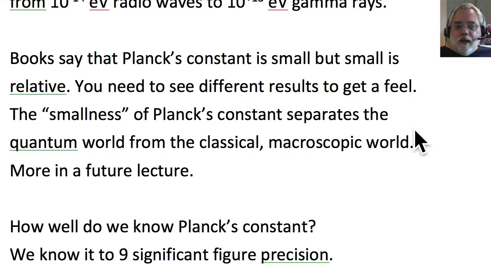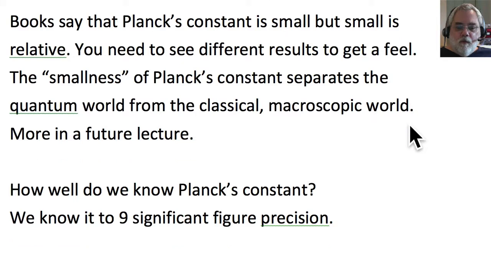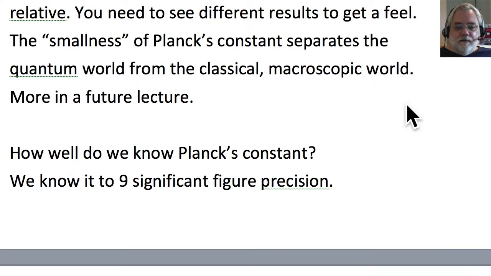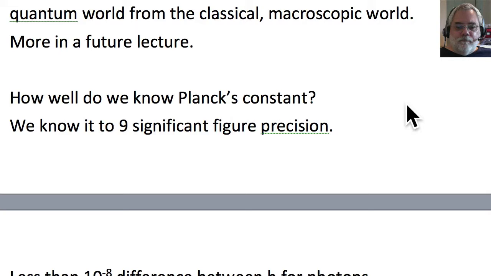That's more accurate than a lot of fundamental constants, constants of nature. But is that how accurately we know quantum mechanics? Actually, we know quantum mechanics more accurately than that. And we'll talk about that in a few minutes.